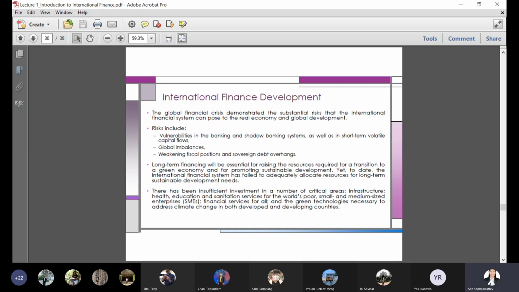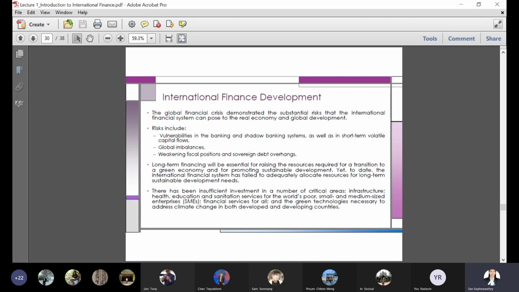For example, developed countries should have sufficient investment in green technology so that they can address climate change. And for developing countries, we can see that we still have a lot of areas that need investment: infrastructure, for example, health, education, sanitation, and improvement in small and medium enterprises and financial inclusion.